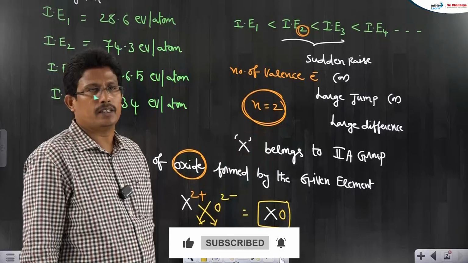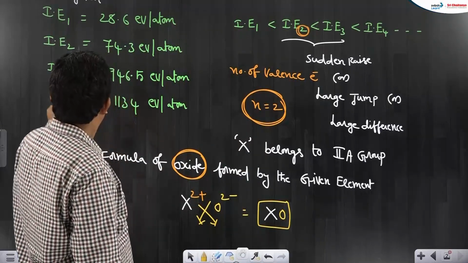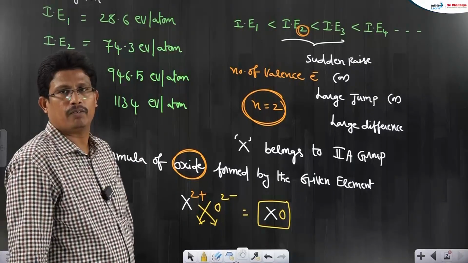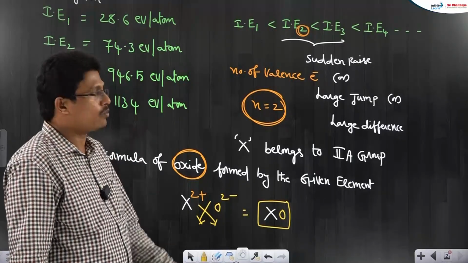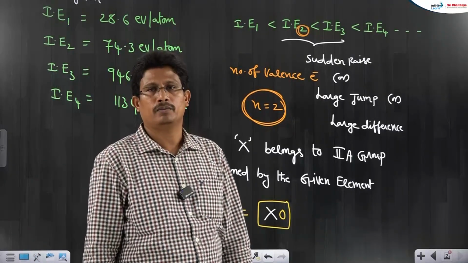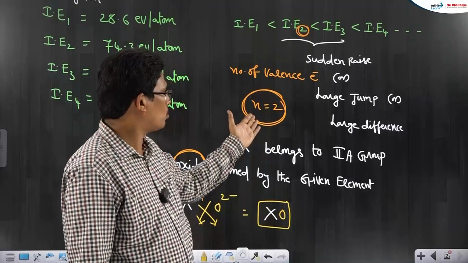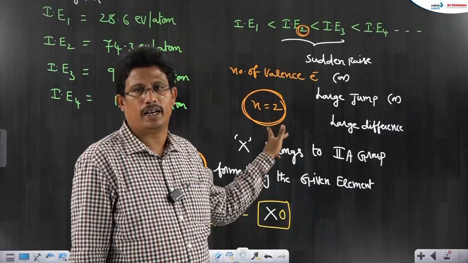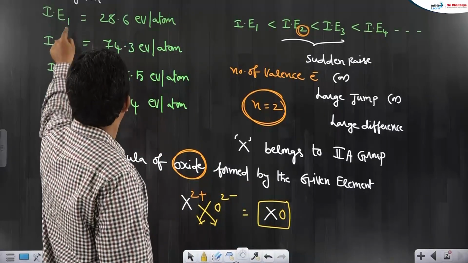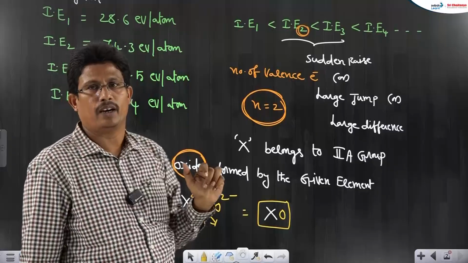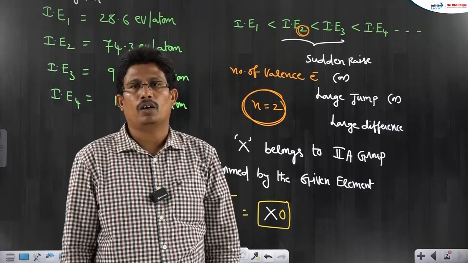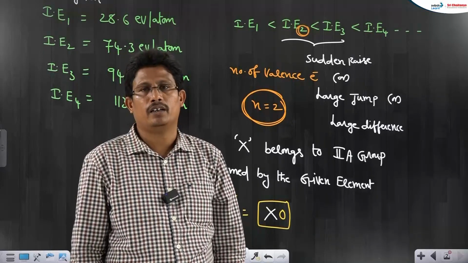In some other cases, if a sudden rise between I3 and I4 is given, then the valency becomes 3. Valency electrons equal to 3. The element belongs to 3A group or boron family. Elements of 2A group are also known as alkaline earth metals. If a sudden rise or large difference between IE1 and IE2 values is given, then the element belongs to 1A group, monovalent or univalent.